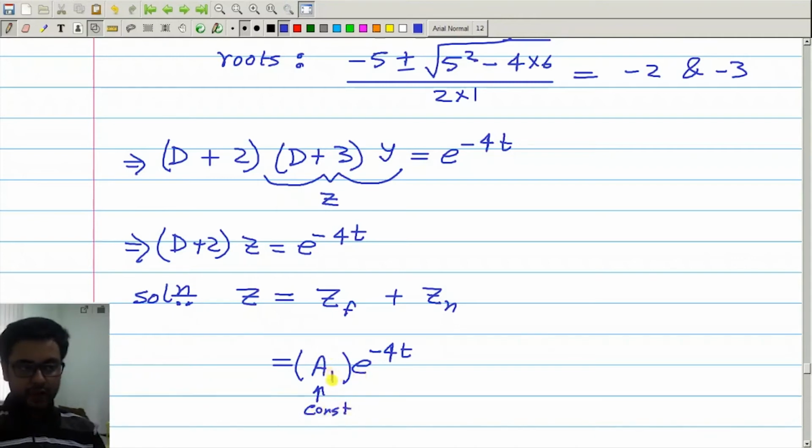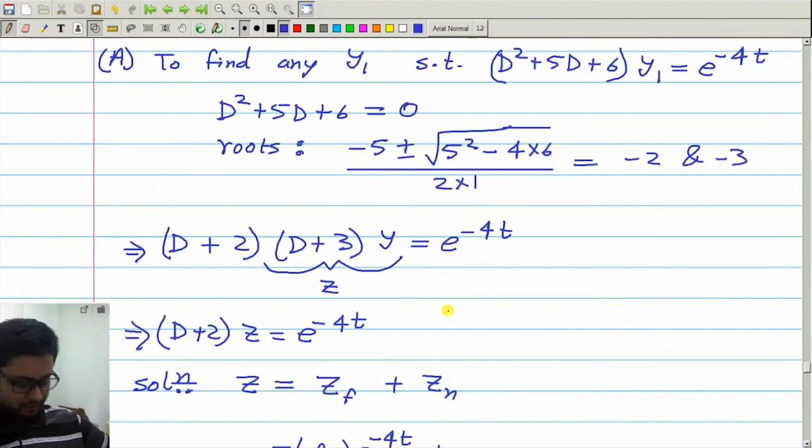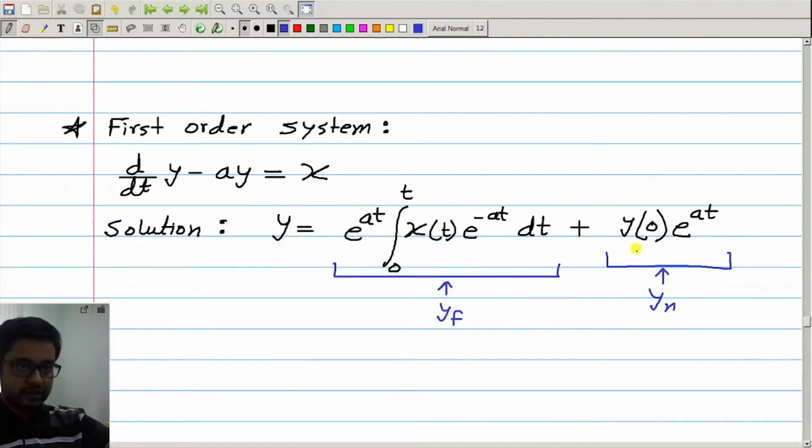okay, or a1, and then this natural response term will look like, if you go back, it will look like y0 e to the power at.